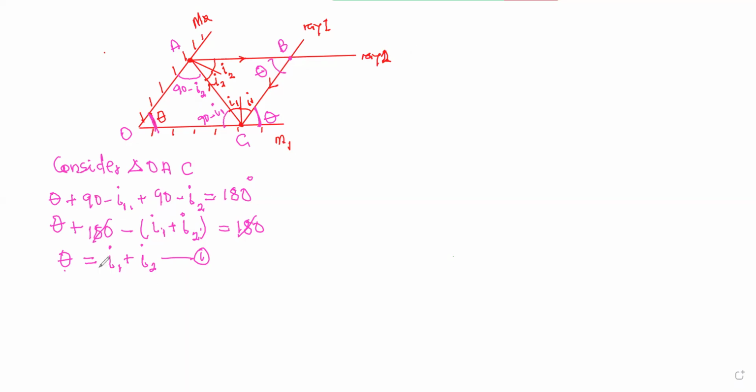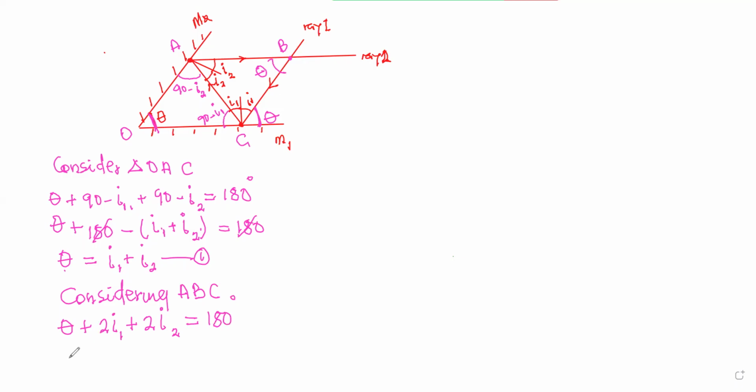Yes, sir. Okay, so when we consider the other triangle A, B, C, the sum of angles in there: theta plus, this is 2I1, plus 2I2, this must be equal to 180 degrees.